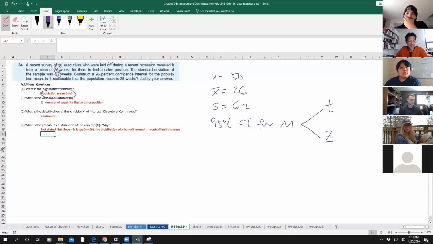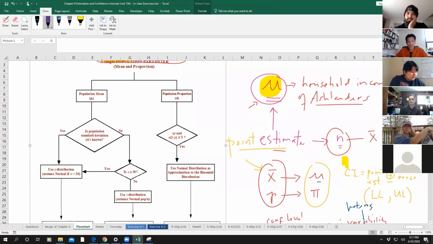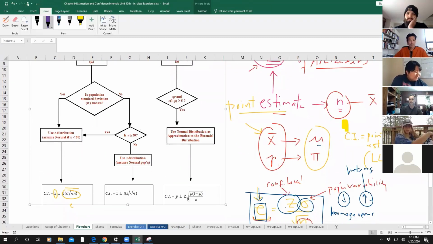If you're not sure, follow this flow chart. Population mean. Is the population sigma, the standard deviation, known? The answer is no. Then here's where you can say if sigma is not known.